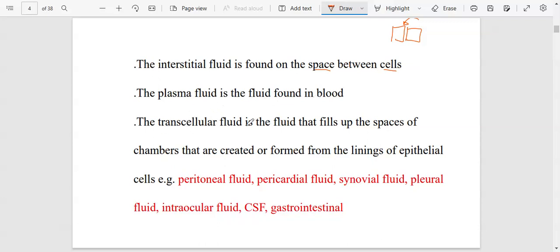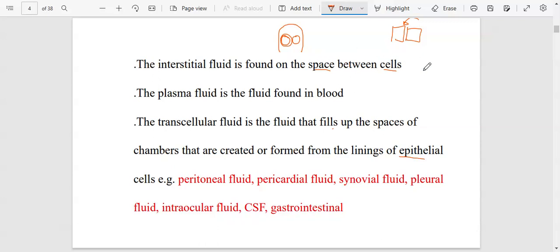And then the transcellular fluid is the fluid that fills up spaces of chambers that are formed from the lining of epithelial cells. So, for example, when you consider the eye itself, let's say this is the skull, we have these openings where the eyes are found. We have linings in those openings, and those linings we call epithelial linings or epithelial cells.